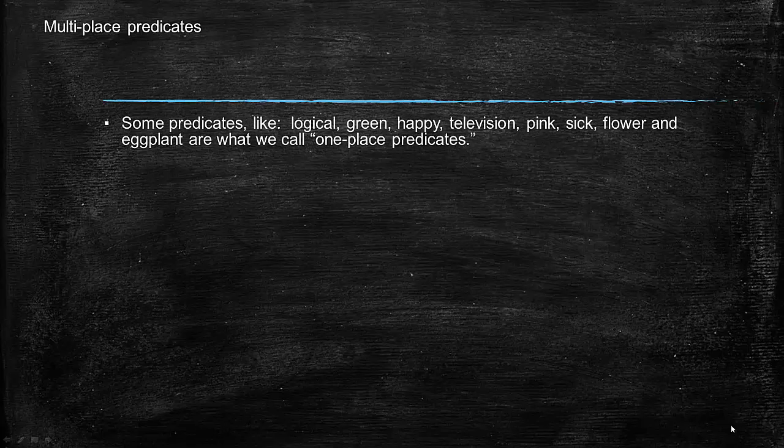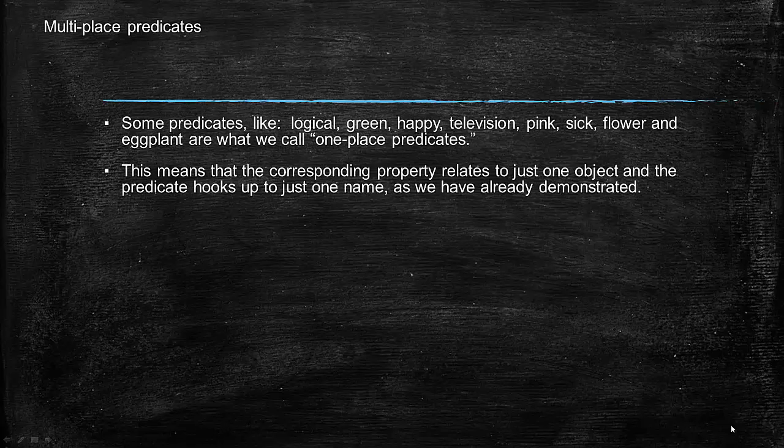And some predicates, like logical, green, happy, television, pink, stick, flower, eggplant, of course there's millions of them, we call one-place predicates. This means that the corresponding property relates to just one object and the predicate hooks up to just one name, just in the way we've been doing.